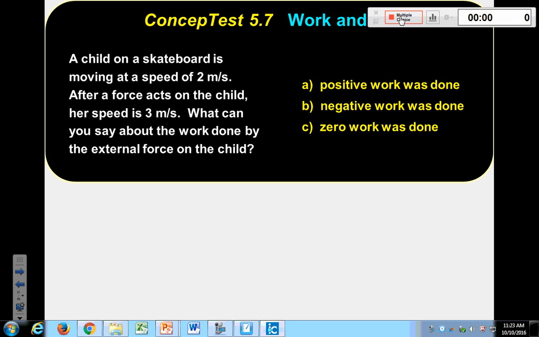All right. Let's try this one. I'll stop at 35.